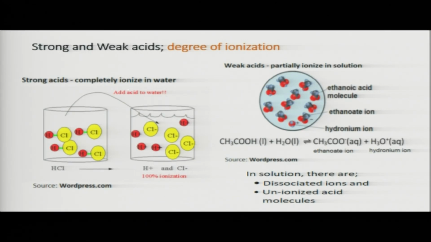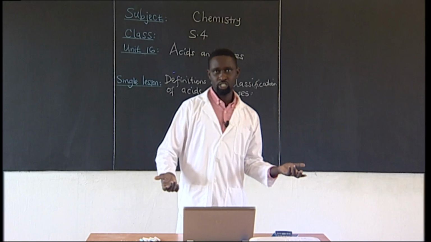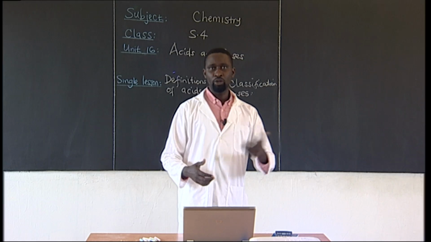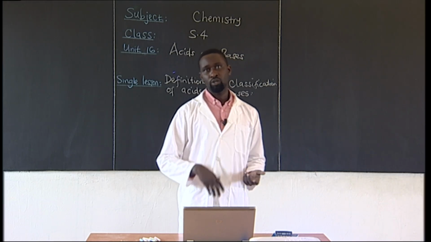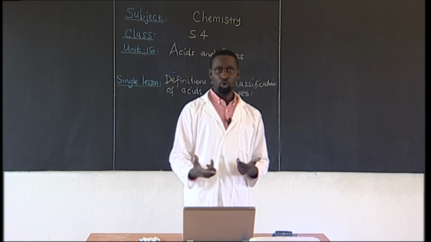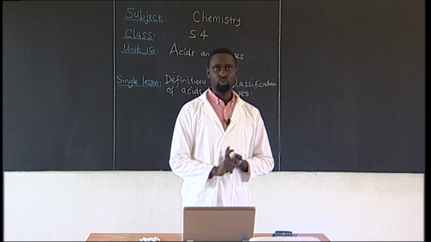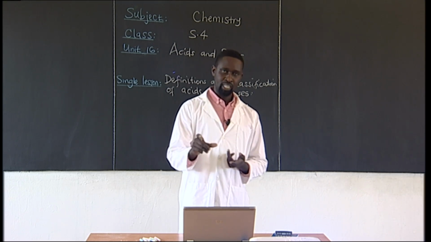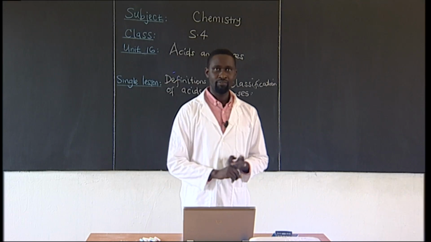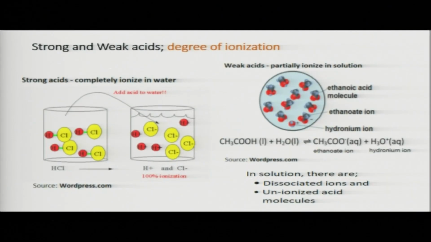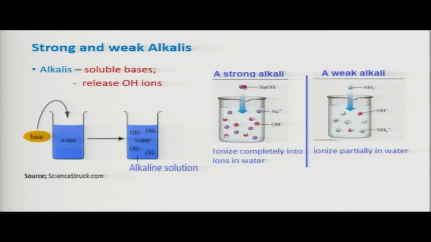I think it is clear in here. So the question is to know, how do I know it is a strong acid and how do I know it is a weak acid? It's all experimentally obtained. We shall look at this when we come to the quantitative part of ionic equilibrium in Form 6.